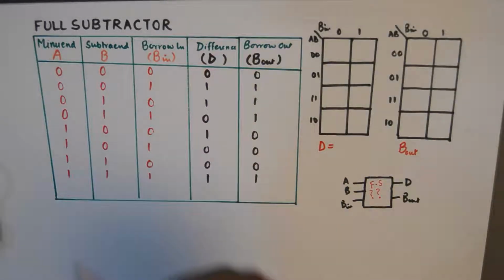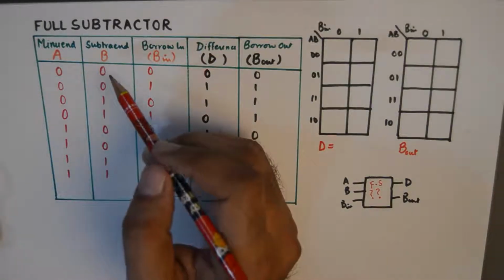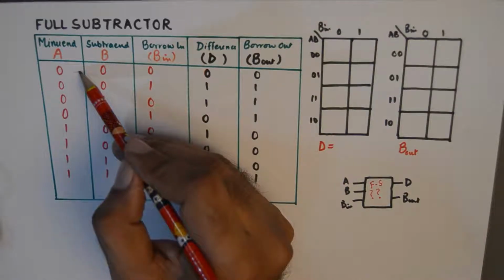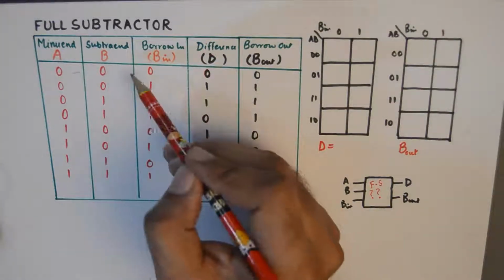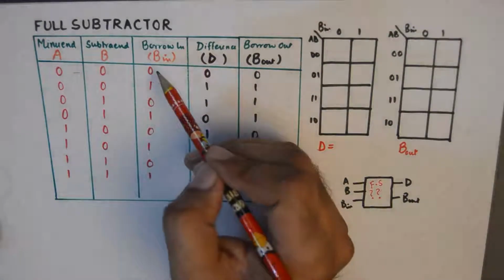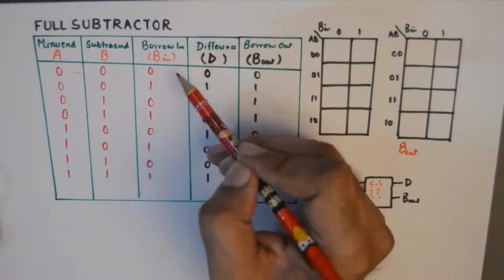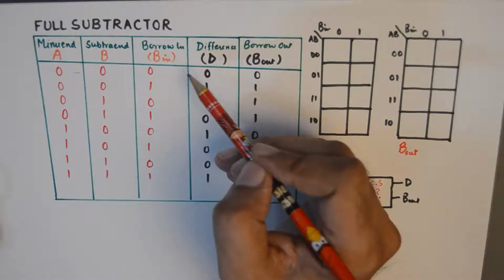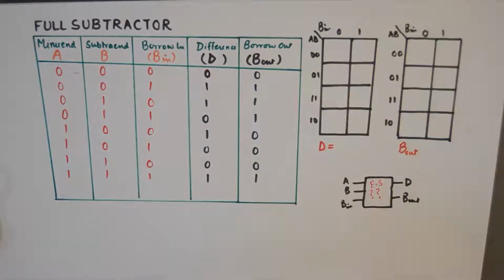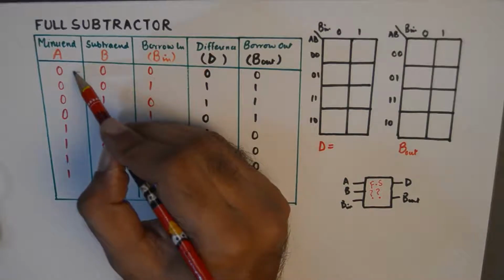A simple method is to perform subtraction between the first 2 bits, then perform the subtraction of the result that we get here with the borrow in, and whatever the result and the borrow output is, we write it as difference and B out. First of all, I'll explain this with an example.